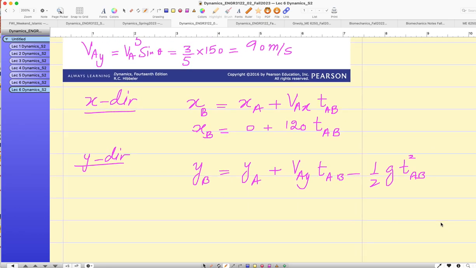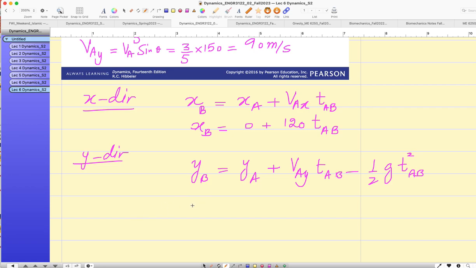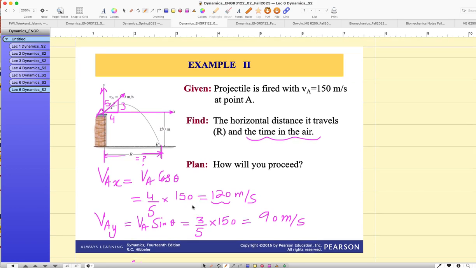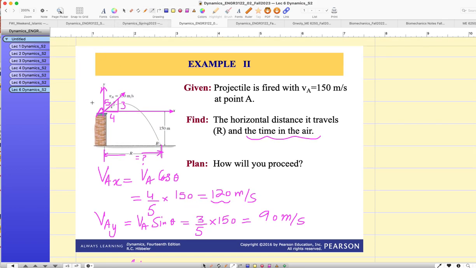For YB, look at the diagram closely, look at the datum line. This is my datum line, and point B is below the datum line. How far below? Negative 150. When you go below the horizontal axis, this is negative. So it's negative 150.